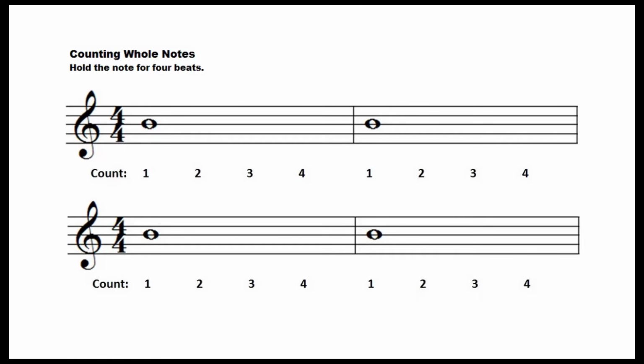Let's try this. 1, 2, 3, 4. You are counting whole notes. Go to your instrument and play a note on beat 1. Each note lasts 4 beats. These are all whole notes.